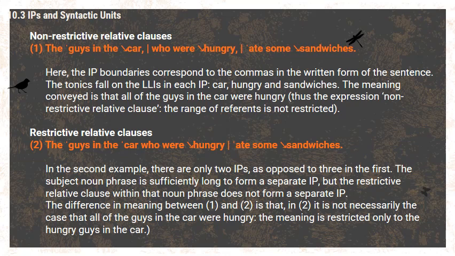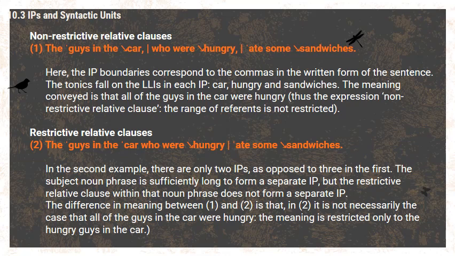The next is restrictive relative clauses. For example, the guys in the car who were hungry ate some sandwiches. In the second example, there are only two IPs, as opposed to three in the first.